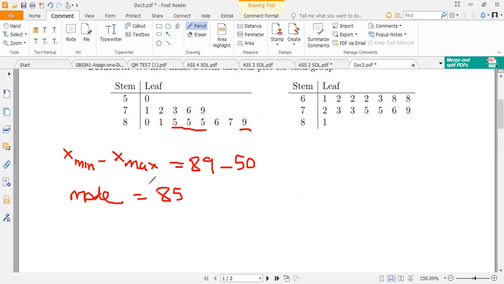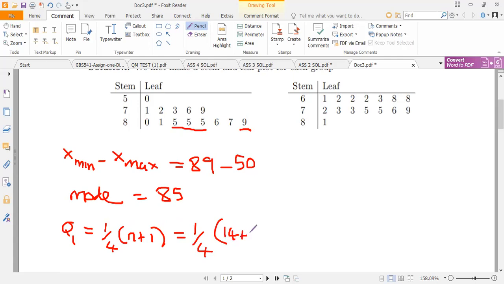Then we go to the quartiles. So what we call the lower quartile. The lower quartile is a quarter of n plus 1. So these are 14, a quarter of 14 plus 1. What is 14 plus 1? 15.